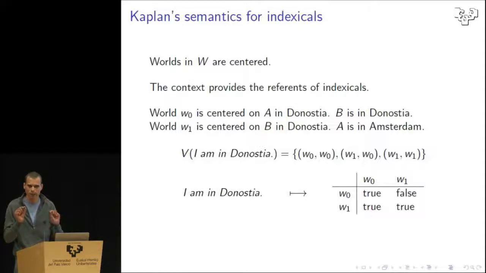But that doesn't really matter, and that is in some sense the intuition that Kaplan had, that we always have to take the actual speaker of the actual context and use that one as the referent.